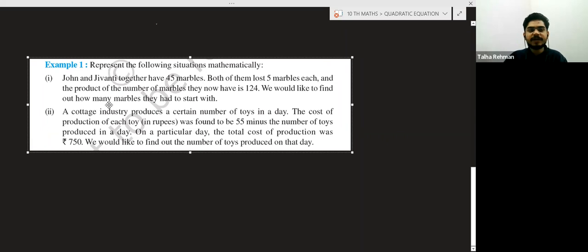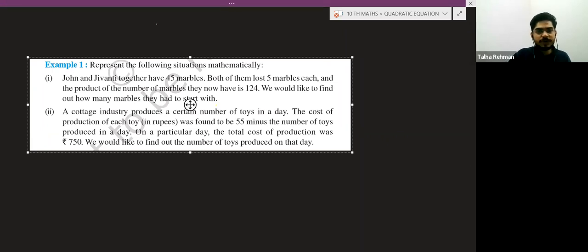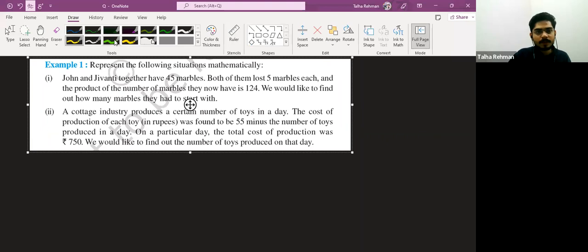We would like to find out how many marbles they had to start with. This condition we have to frame mathematically.